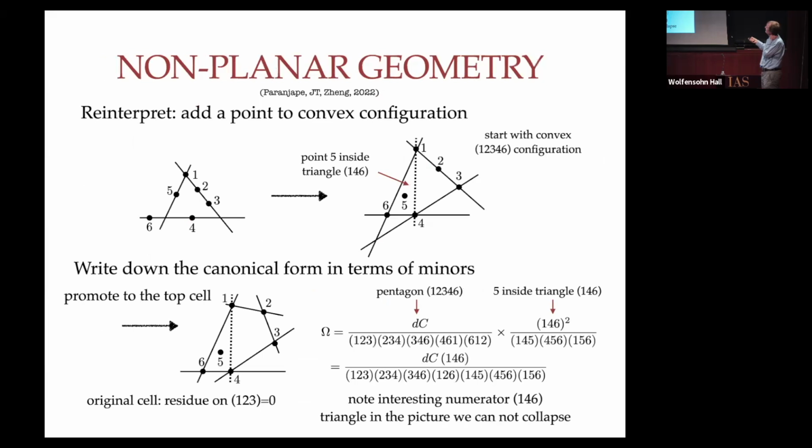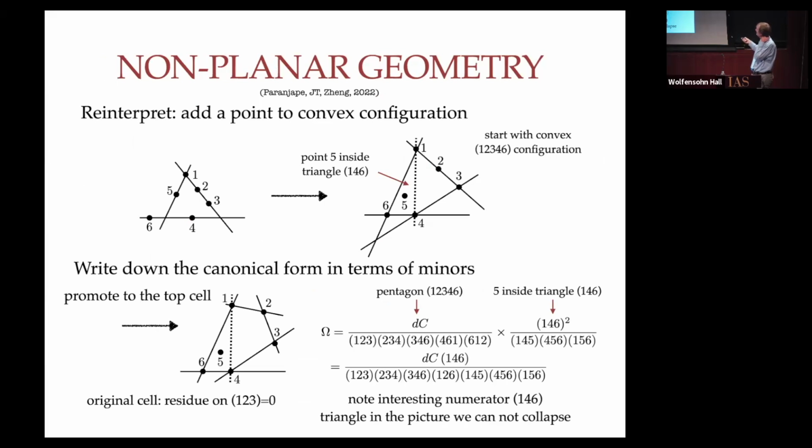Okay. Now we can actually go farther. We can take this picture and reinterpret it as adding one extra point on the convex configuration. So if you think about 1, 2, 3, 4, 6, this is a convex configuration, and we are adding point 5 kind of in the middle of this convex 1, 2, 3, 4, 6. And we can also then calculate a form.